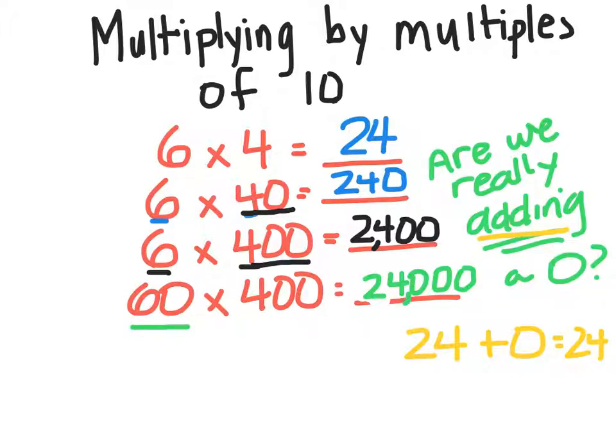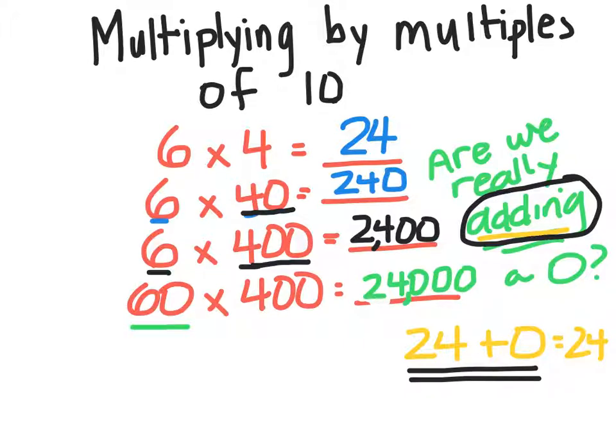Okay, so we really want to change the way we look at these, and we need to remember that we're not really adding a 0. Okay, remember, this is what adding a 0 would look like. Instead, what you need to look at is, yes, we've got the 4, but we multiplied our 4 times 10 to end up making it 40.